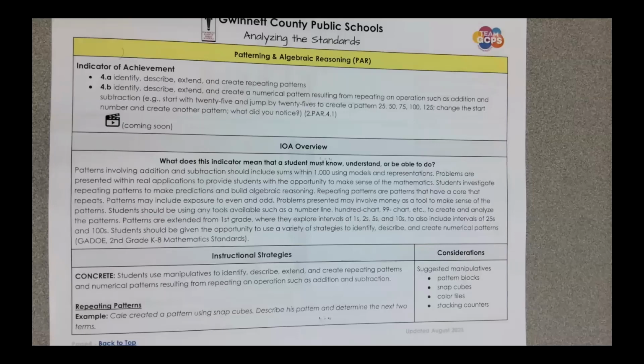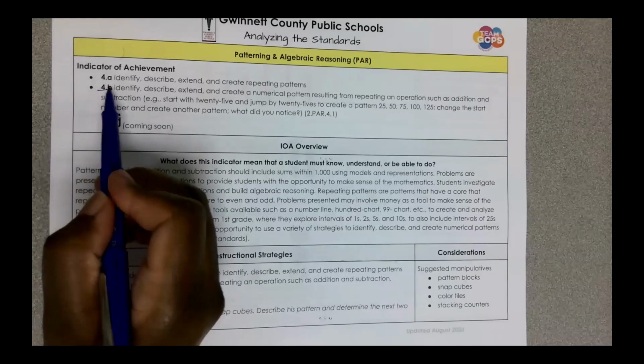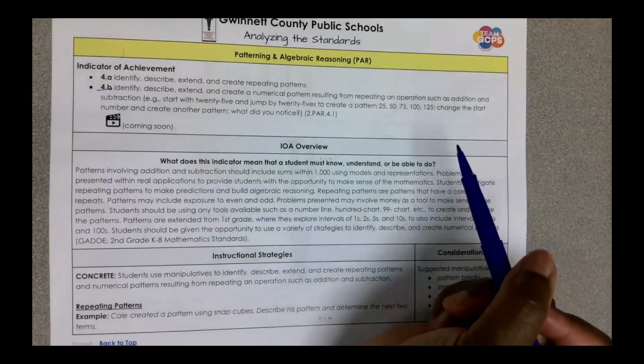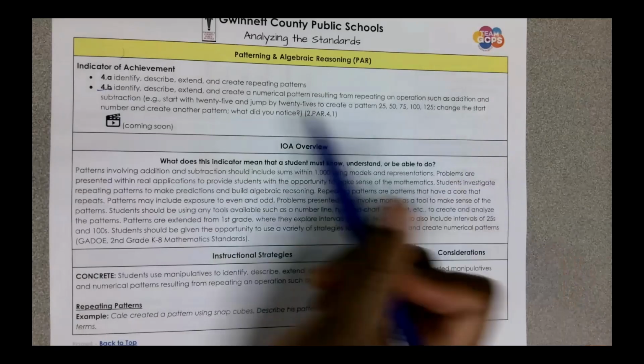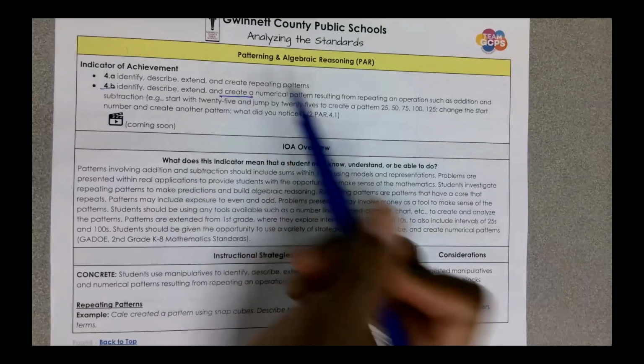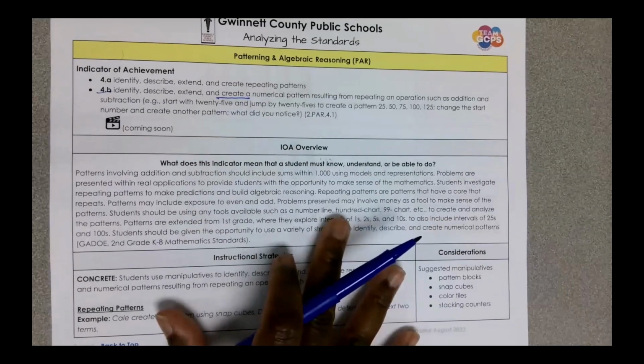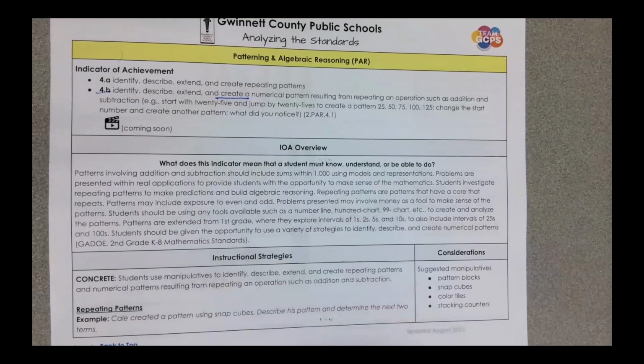Last quarter in Unit 2, students did not do the last part of the IOA 4B. They did not create a new pattern. So when you look at it, that's the part that they didn't do, creating the new pattern. In Unit 4, students will do all parts of this IOA 4B.